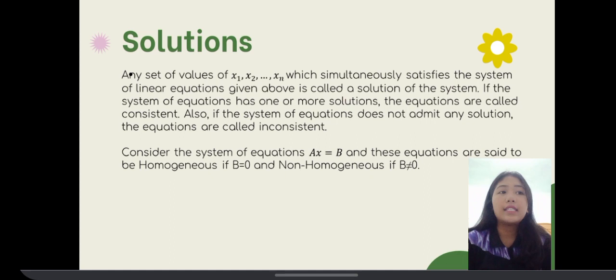Also, if the system of equations does not admit any solution, the equations are called inconsistent. Consider the system of equations Ax equal to b; these equations are said to be homogeneous if b equals 0, and non-homogeneous if b doesn't equal 0.